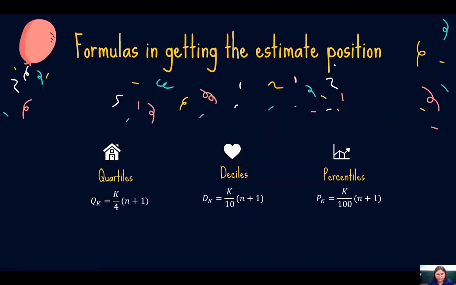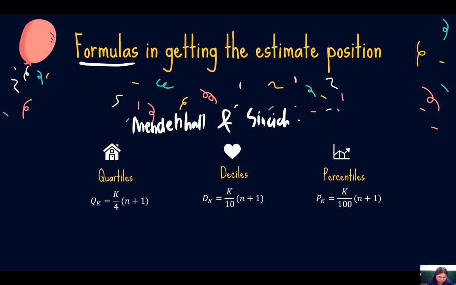Let's proceed. Let's talk about the formulas. This formula is according to Mendenhall and Sincich method. We use this formula to find the quartiles, deciles, and percentiles of estimate position.